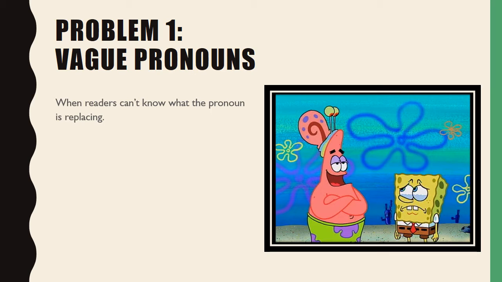If we look at this sentence, Mr. Lassard's brother thought he was ridiculous for writing about SpongeBob. He is the pronoun there. The problem is that we don't know who he talks about in this sentence. Two people can read the sentence and come away with two completely different ideas about what it means.